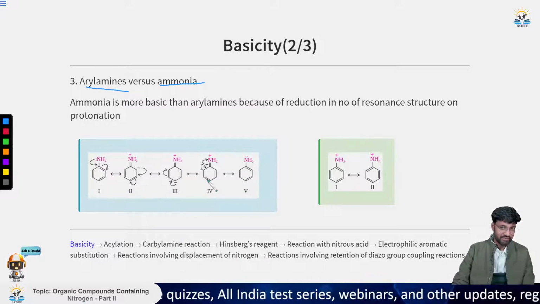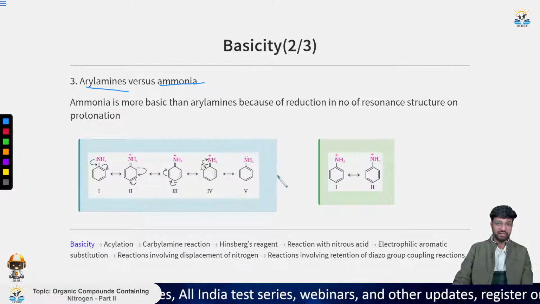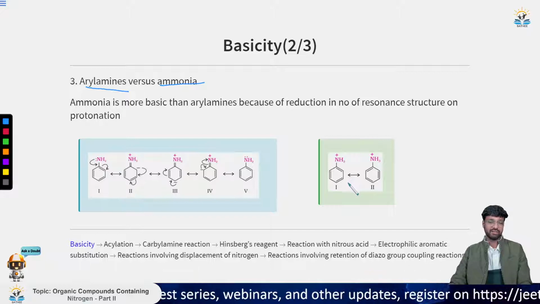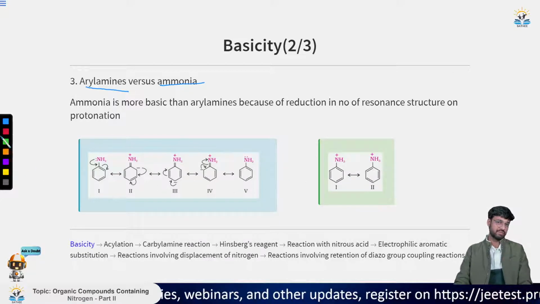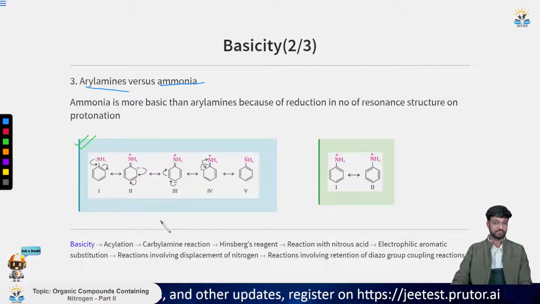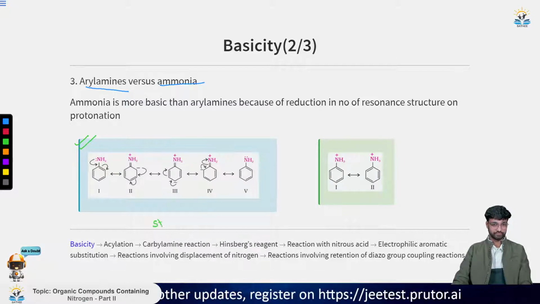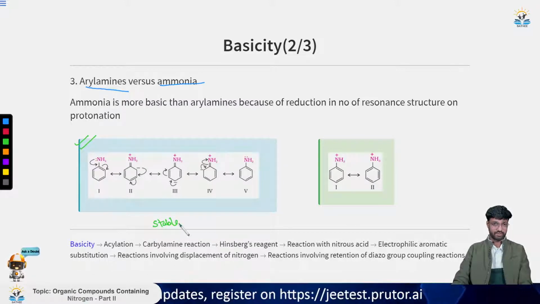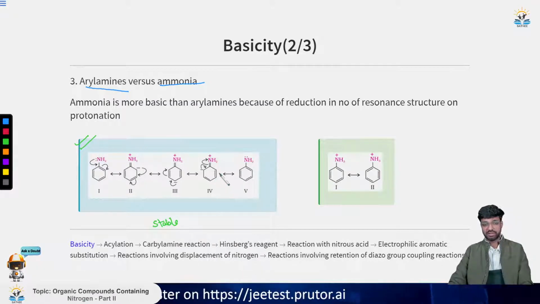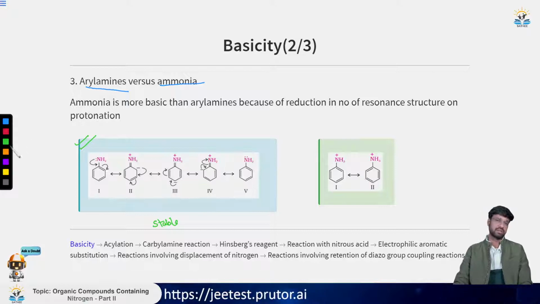It is having 5 resonance structures, and this anilinium ion is having 2 resonance structures. That is why it is more stable. So this one is more stable. Now due to this reason, it avoids going to the anilinium ion structure.